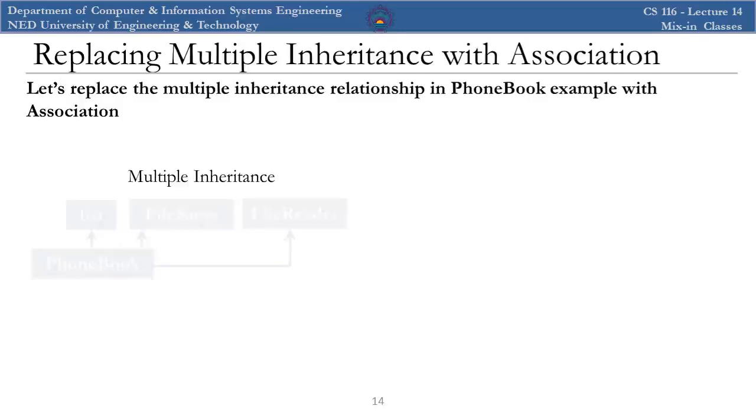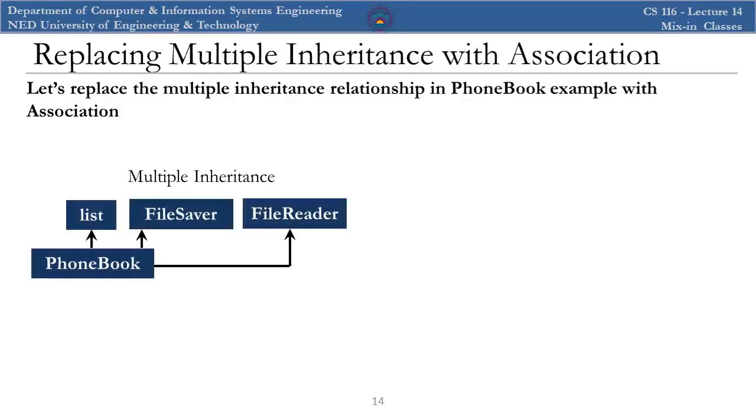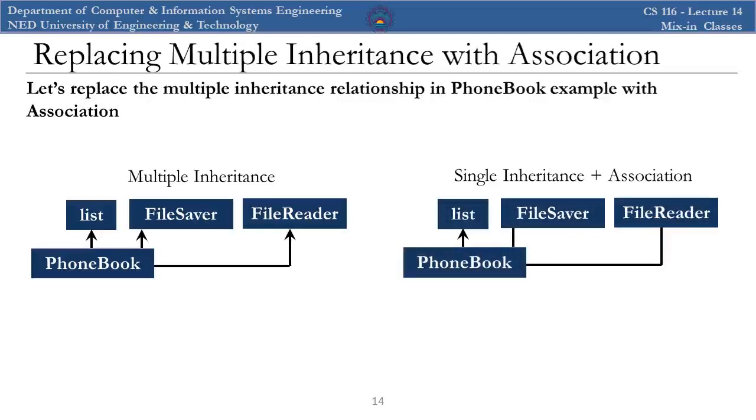This was our former scheme using multiple inheritance, and this is going to be our new scheme. These lines without any arrowhead show that now file saver and file reader are associated with phone book. Phone book is not inheriting from them; these two classes are simply associated with phone book.